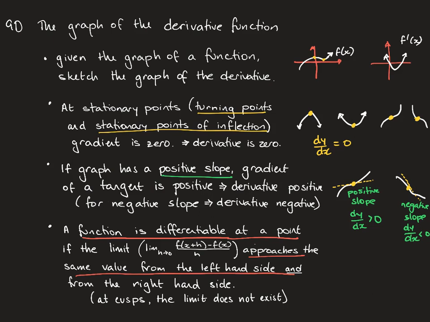So if you have a cusp, so a negative gradient joining with a positive gradient, where they join, the derivative doesn't exist. Because on the left-hand side, the derivative is approaching -2, and from the right-hand side, the derivative is approaching 2. They're not the same number, and therefore the limit doesn't exist.